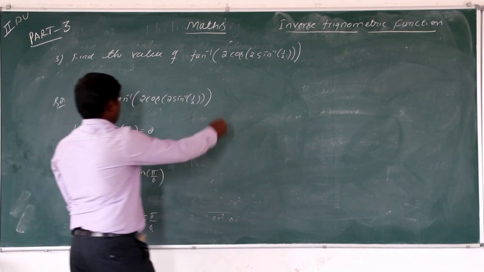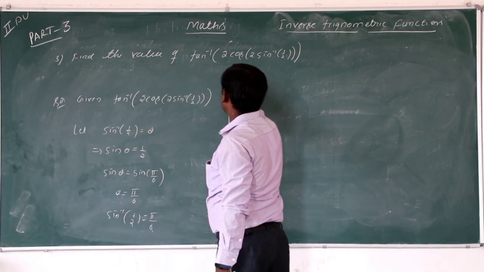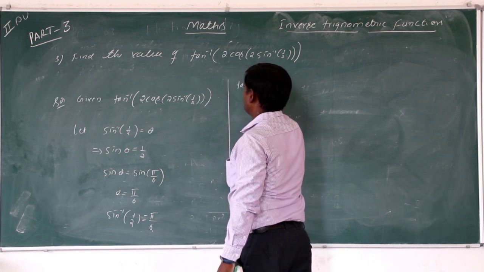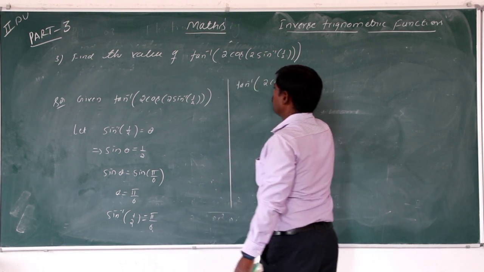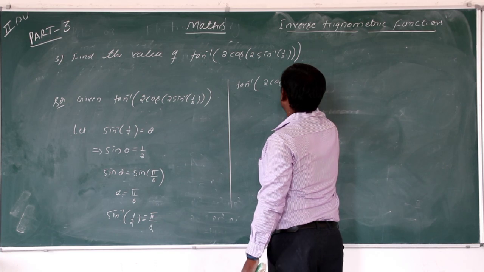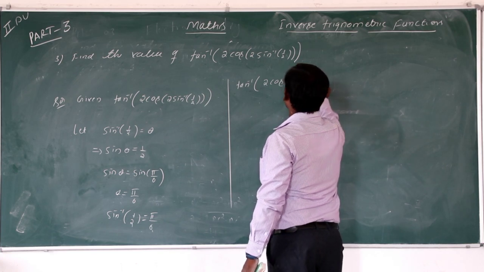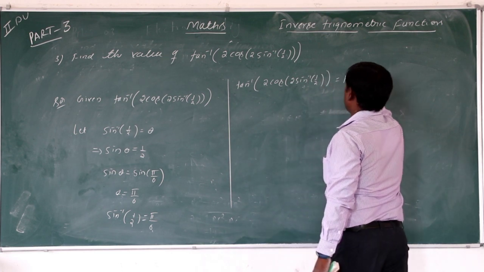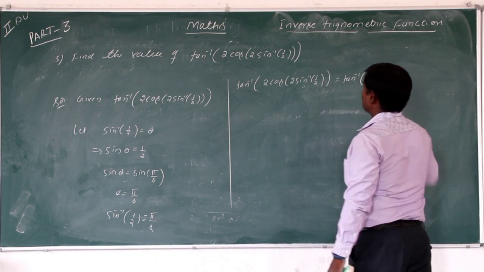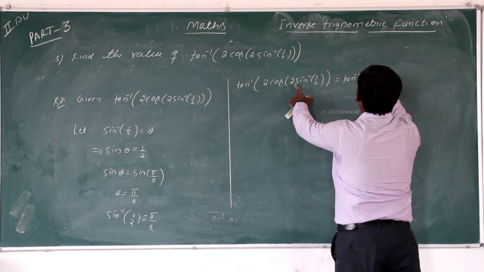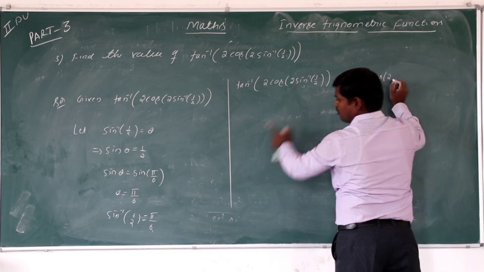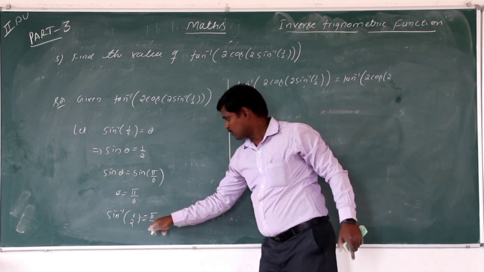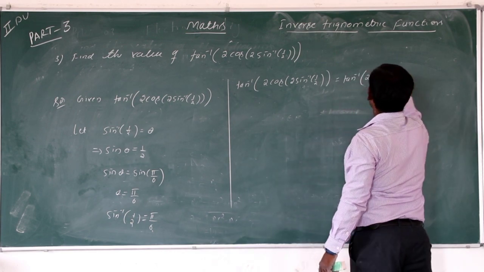Therefore the given problem becomes tan inverse of 2 cos of 2 sin inverse of 1 by 2, which is equal to tan inverse of 2 into cos of 2 into, so sin inverse of 1 by 2 is pi by 6.